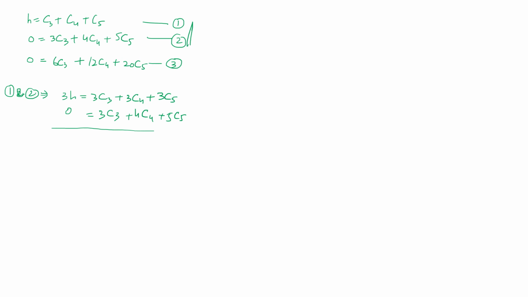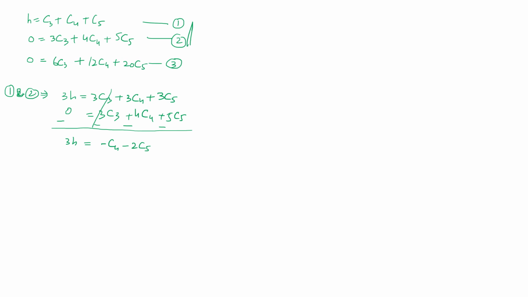And then you can do the sign reversal over here to cancel a few terms. So this is obviously cancelled, and you have 3h to be equal to minus c4 minus 2c5.